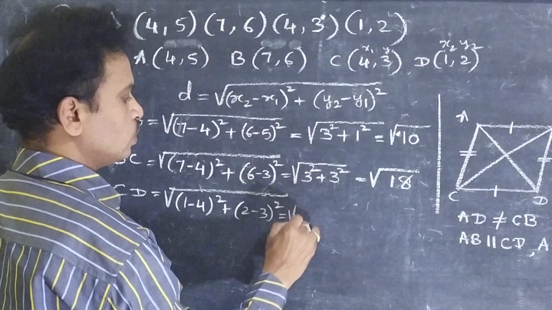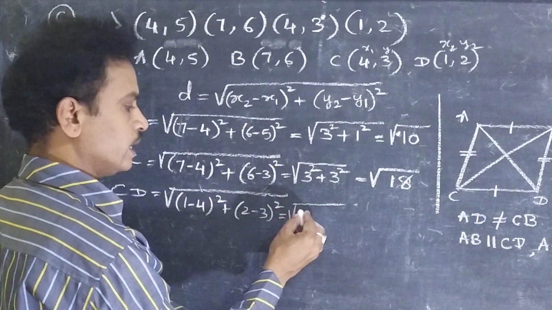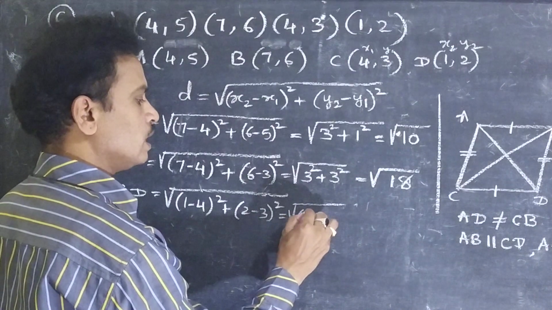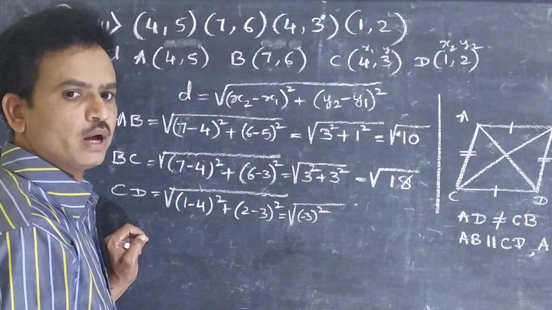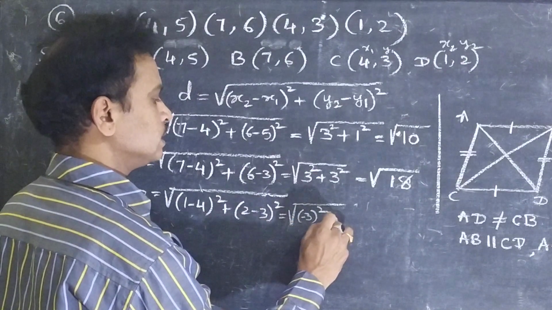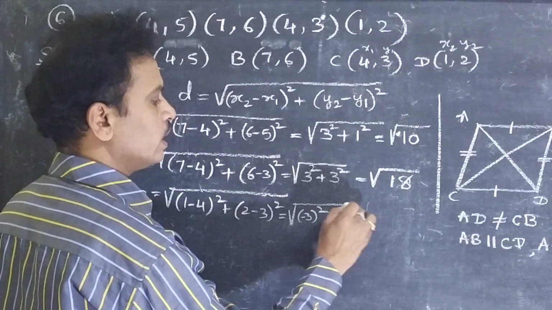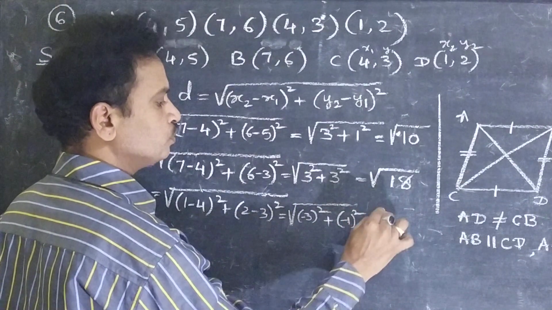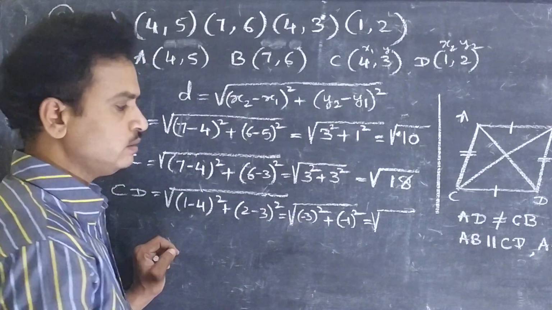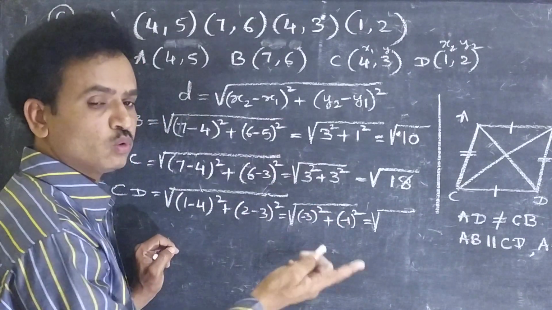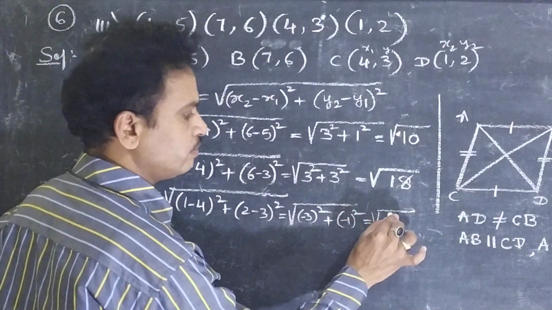Then 1 minus 4 is minus 3, whole square, plus 2 minus 3 is minus 1 whole square. Then minus 3 whole square is 9, minus 1 whole square is 1. 9 plus 1 becomes 10.